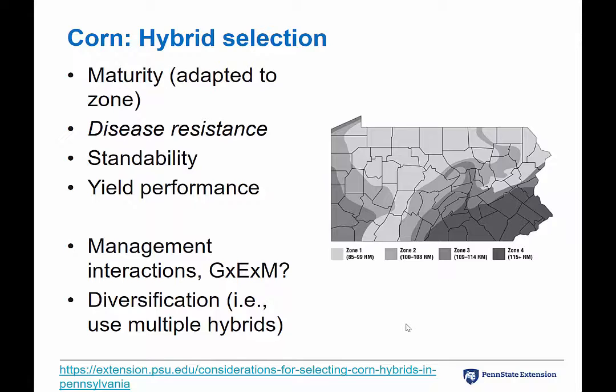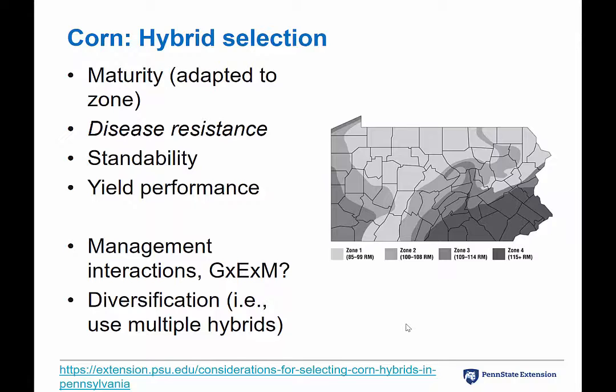Those are always sometimes the risk, especially in extenuating circumstances. Knowing the disease situation allows me to make the best selections. That's always number one on the radar. Standability in a year like this is actually a critical question that's coming up in a lot of areas, especially as we are unable to get out there, and we know we've had cannibalization of the stalk tissue.